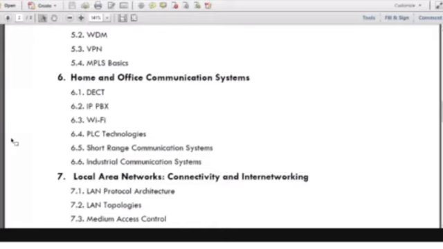The other is PLC technologies. When we say PLC, we are referring to power line communication. This is also an emerging type of technology: the mechanism of using the already existing power line for broadband service provision. This is pioneered basically by countries such as Turkey.